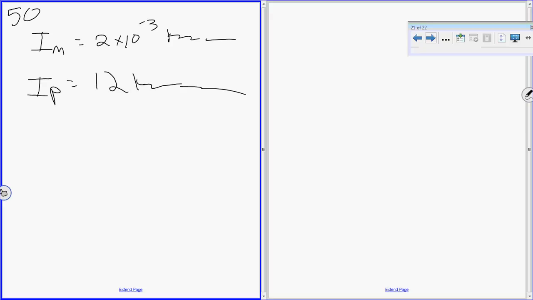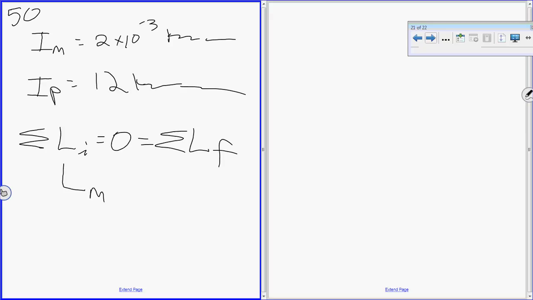So the idea is we're going to assume that nothing's moving. Okay? So our total angular momentum initially is 0, and that's got to equal our total angular momentum after we turn on the motor. So the motor is going to turn one way, that's going to turn the space probe the other way, right? So that it adds up to 0. So the angular momentum of the motor plus the angular momentum of the probe have to add up to 0.